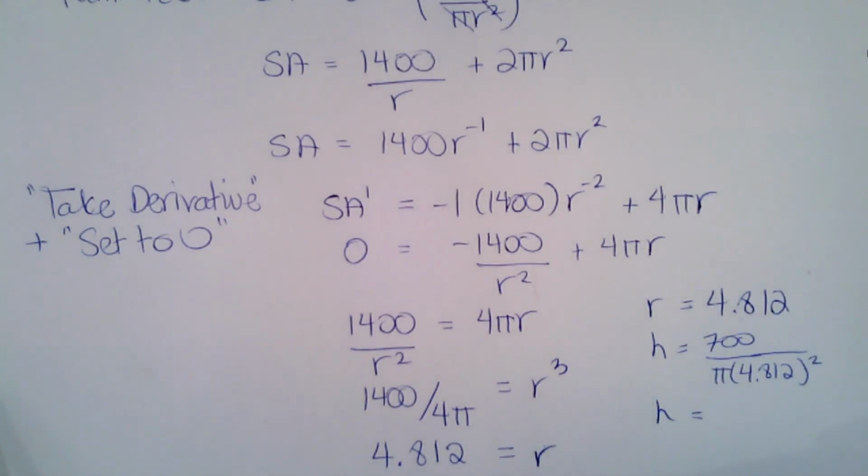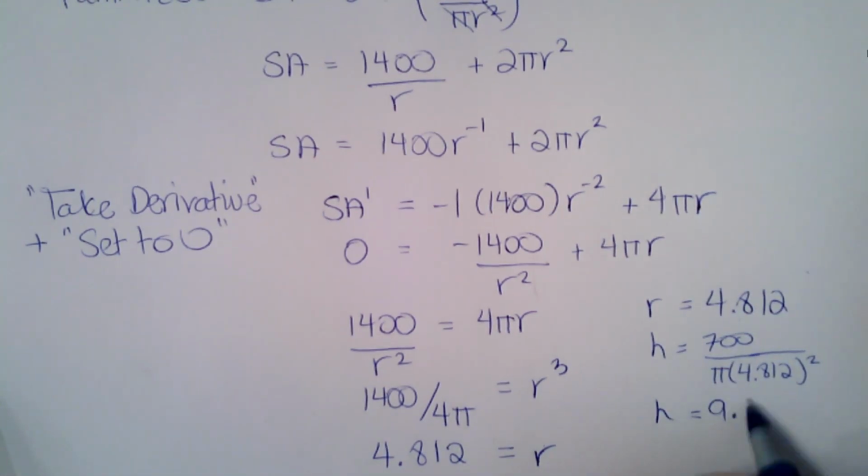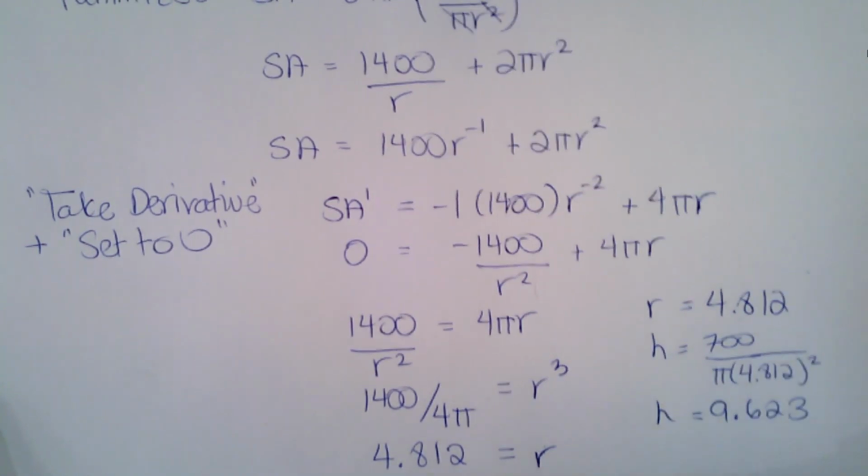And I've lost my calculator. Here we go. 700 divided by pi times 4.812 squared. Oh, I almost did that wrong. Let's try that one more time. 4.812 squared. Okay. 9.623.